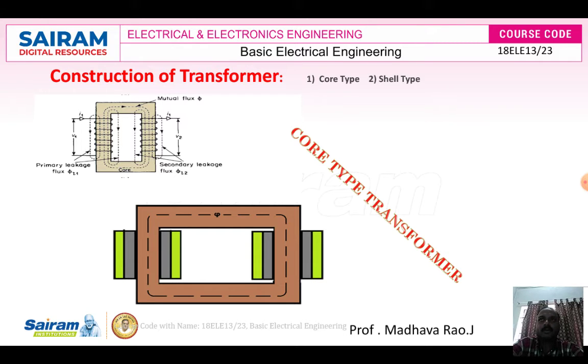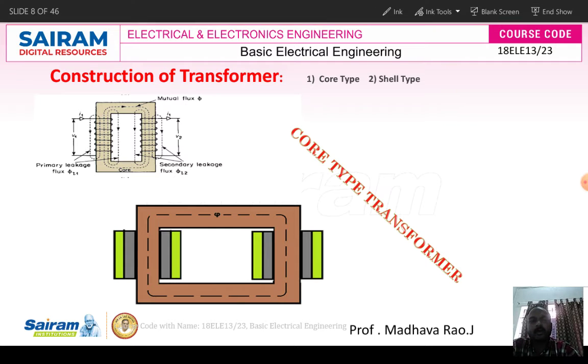Coming to the second diagram, to reduce the insulation cost, we always need to place the low voltage winding near to the core. Here the gray color representation is the low voltage winding, and the yellow color representation is the high voltage winding.